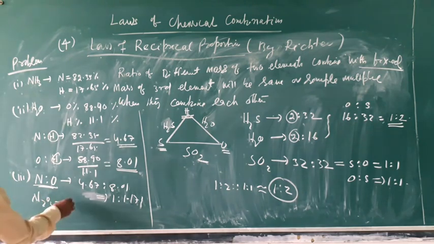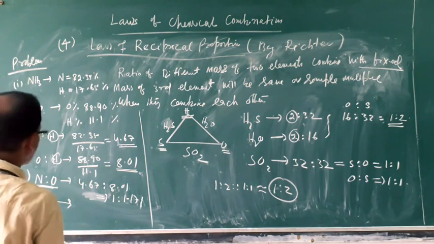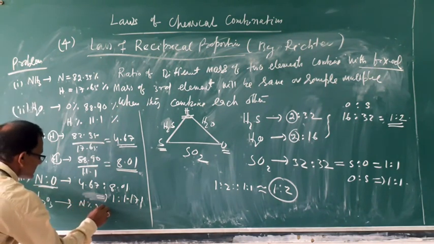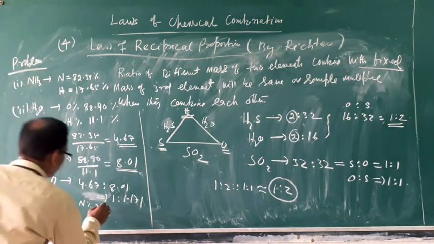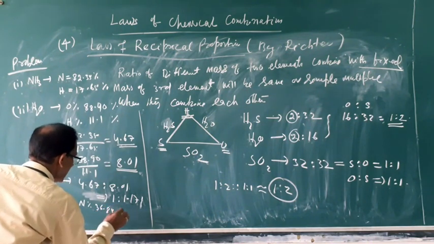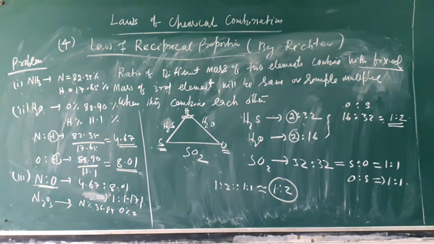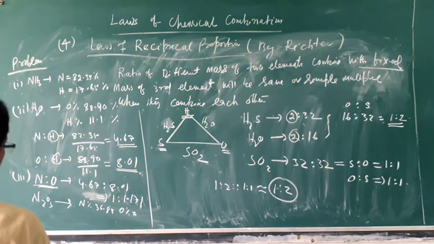The percentage of nitrogen in N2O3, when nitrogen and oxygen directly combine, is 36.85, and the oxygen percentage is the remaining, 100 minus this, which is 63.15.